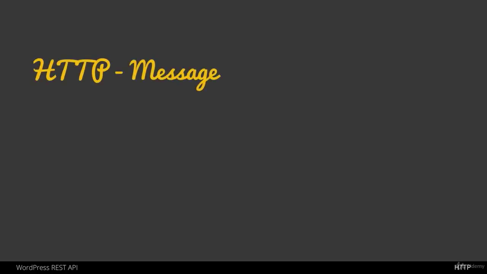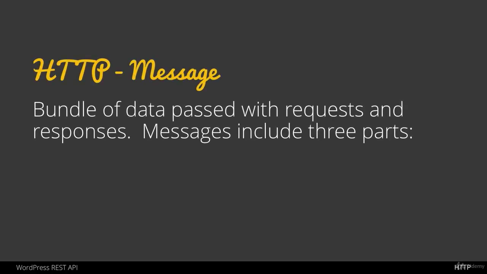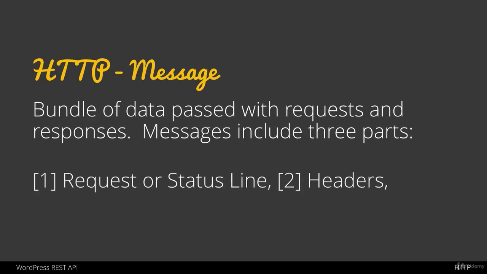And if we just review this term again, an HTTP message is a bundle of data passed with the requests and responses, and it has these three parts: the request or status line, the headers, and then finally the message body. So this is the heart of the HTTP underlying architecture that we really need to understand.